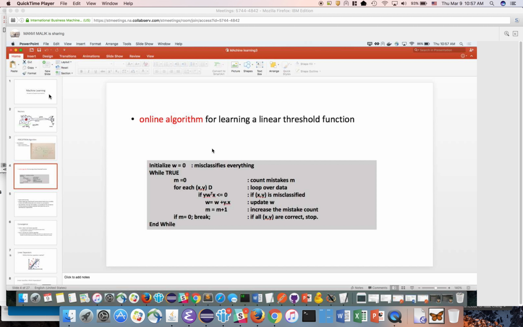I start with the assumption that everything is misclassified. And if it is not misclassified, the mistake count will be 0. Like this y times W transpose x, if it is greater than 0, that means everything is classified properly. That means there is no mistake. W equal to 0 is the solution.